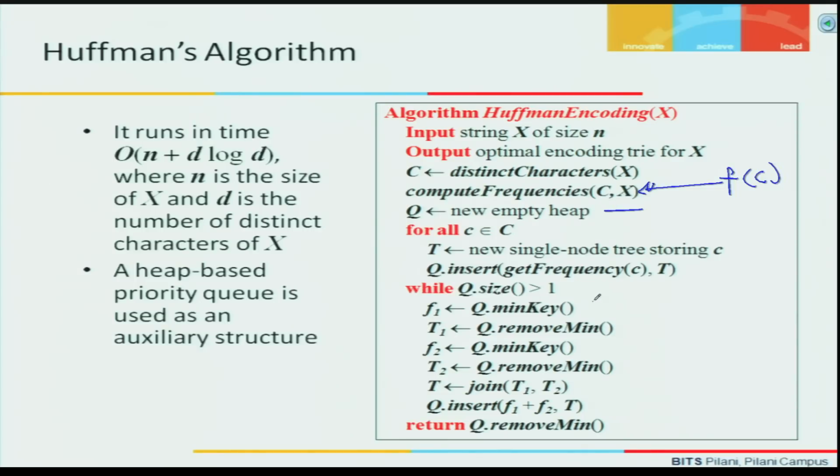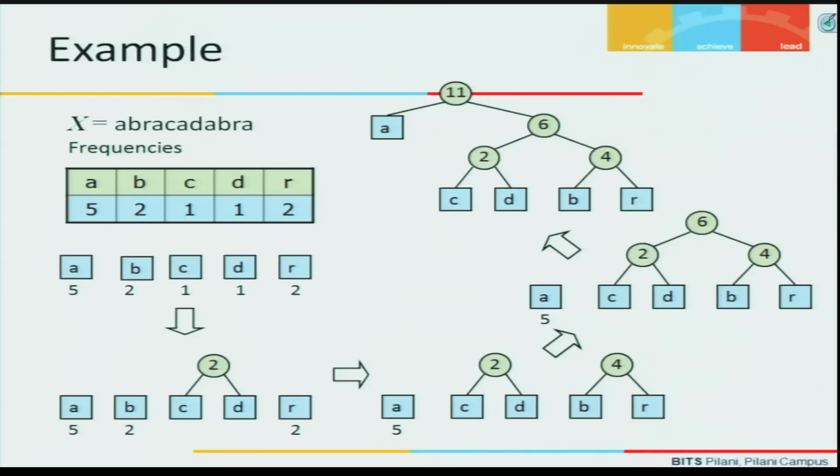We are going to remove the two minimum key frequencies, merge them into a single tree, and insert the sum of the frequencies back into the queue. This is going to be the Huffman algorithm. So, initially we are going to start with all the leaf nodes and step by step build a Huffman tree.